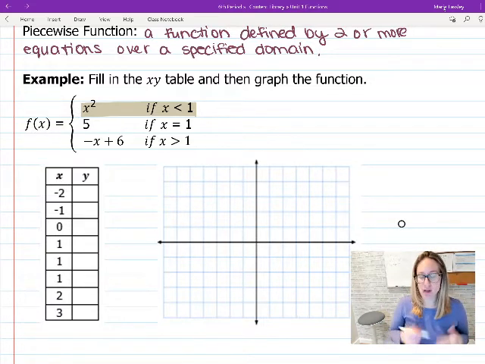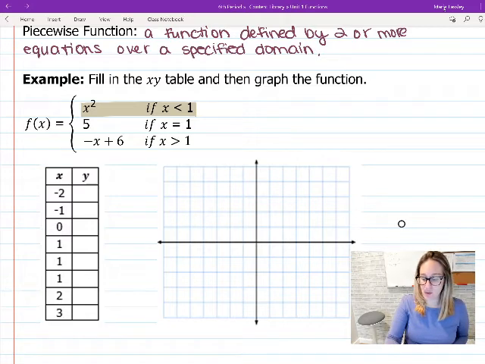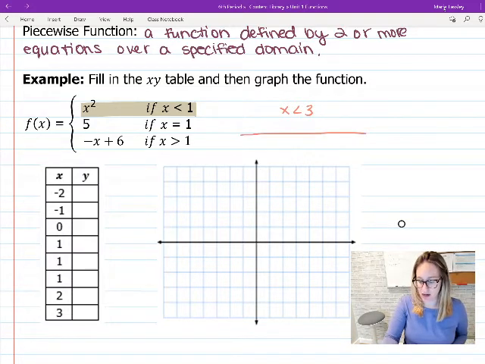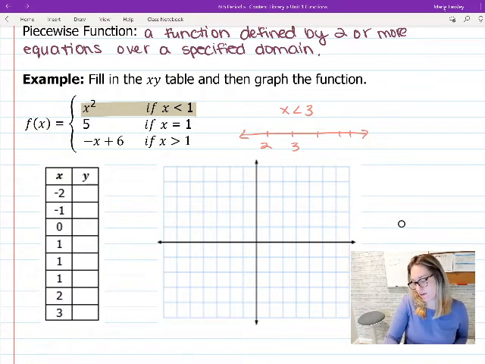Hopefully you remember that when you graphed inequalities, say you wanted to graph x is less than 3, they taught you to do this with a number line, like 2, 3, 4, 5.